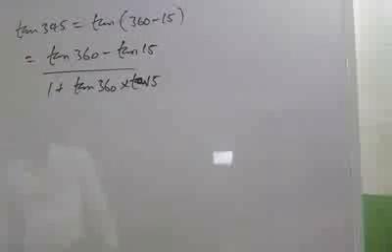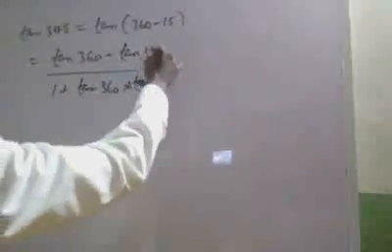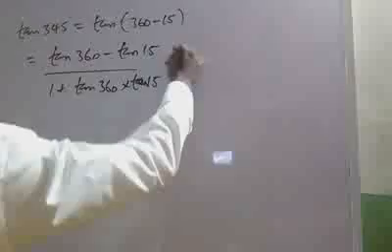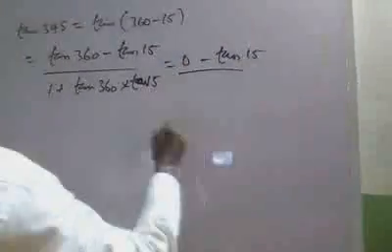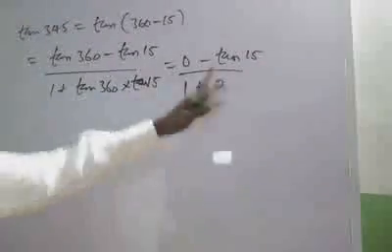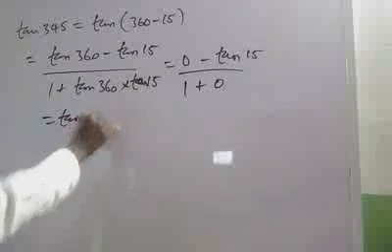So we solve that. This will be equal to, tan 360 is 0. So you have 0 minus tan 15 over 1 plus what? 0, because 0 times tan 15 will give you what? 0. So that will take us to minus tan 15.